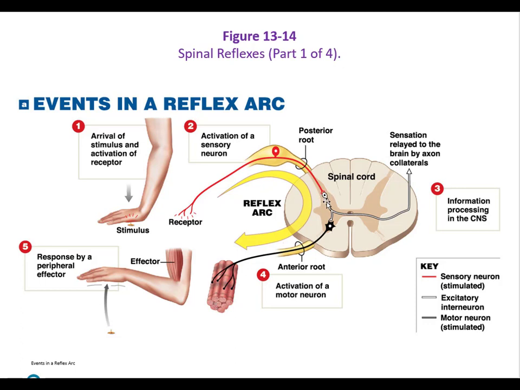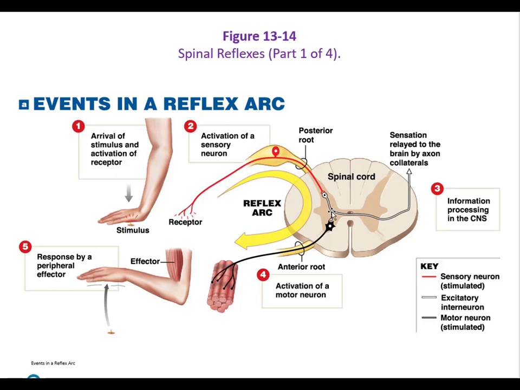This interneuron also sends a signal up to the brain. So again, the brain becomes aware of what went on down here, but by the time the brain becomes aware of it, we've already moved. This saves your body because if this was an attack and say we were touching a hot stove, we would want to move our hand off the hot stove as quickly as we can, and it goes very fast.